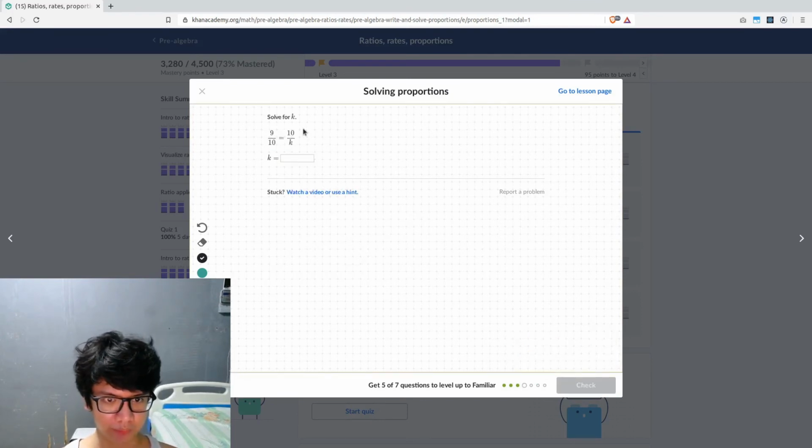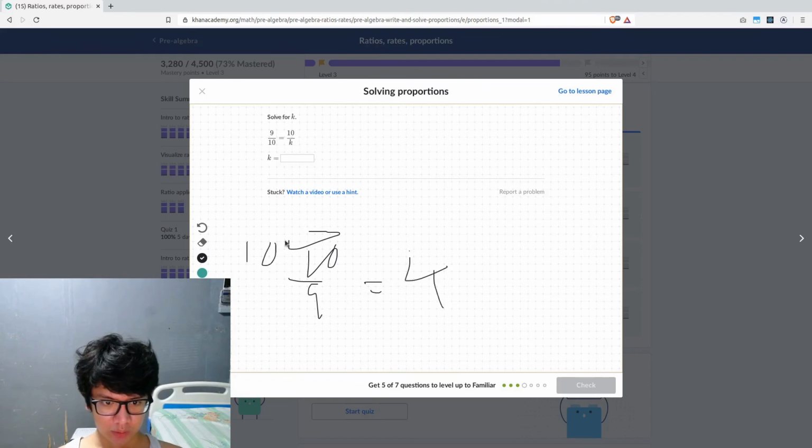Solve for K. Oh, this looks like a trap. Okay, let's see. We can multiply. We can try 10 over 9 equals K. 100 divided by 9.